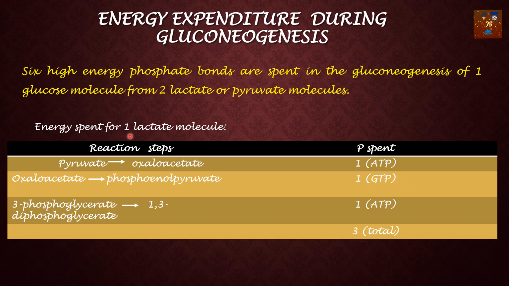So energy spent for one lactate molecule is 3 ATP. Now energy spent for 2 lactate molecules, 3 into 2, 6. So total 6 high energy phosphate bonds are spent in the gluconeogenesis of one glucose molecule from 2 lactate or pyruvate molecules.